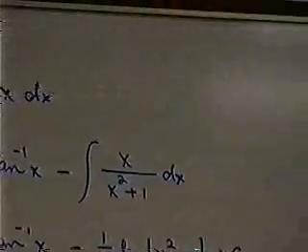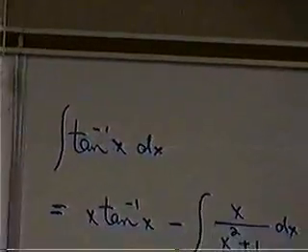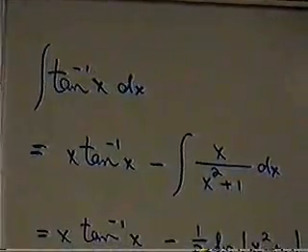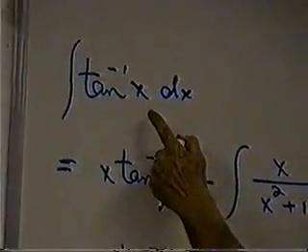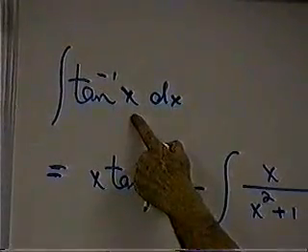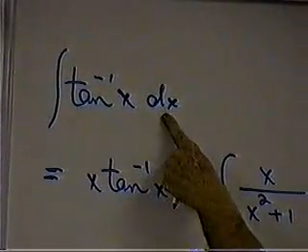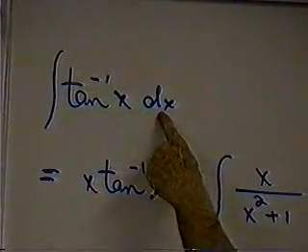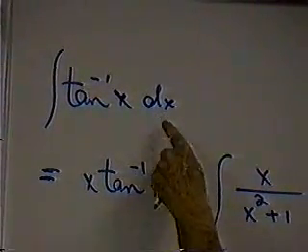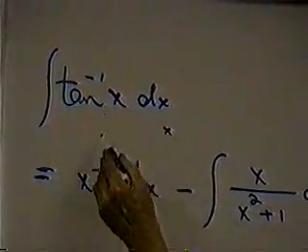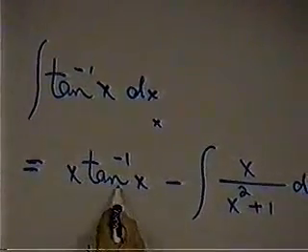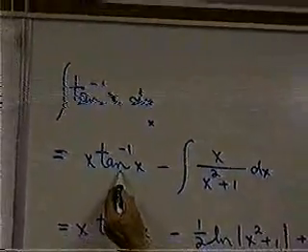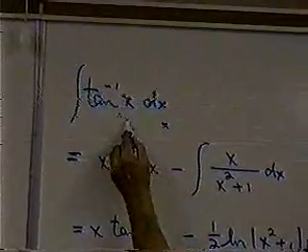is inverse tangent. So we simply let inverse tangent be the u part, and this will be a 1. So therefore, the integration of 1 is x. So we're going to have x times that. So there it is. There's uv. And then we're going to have x times the derivative of this.